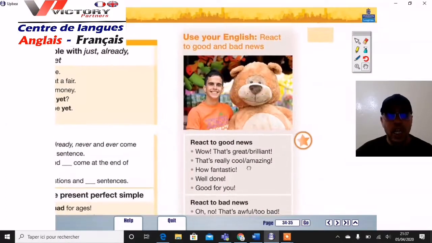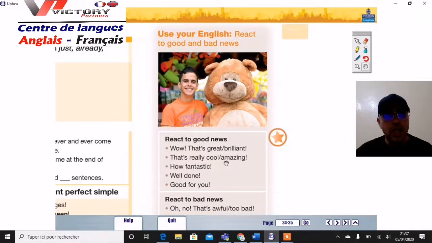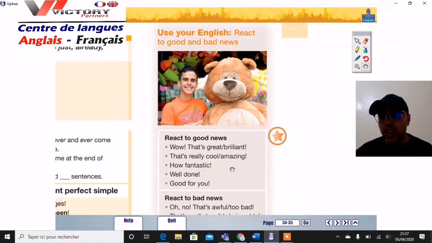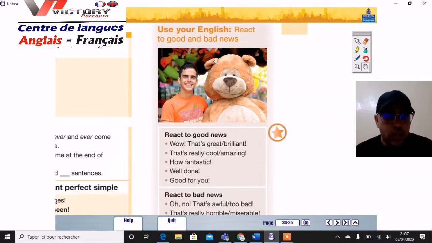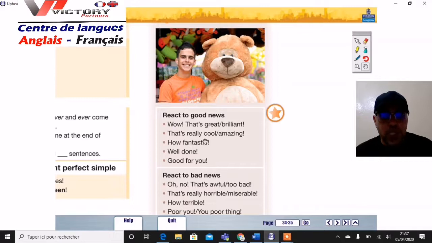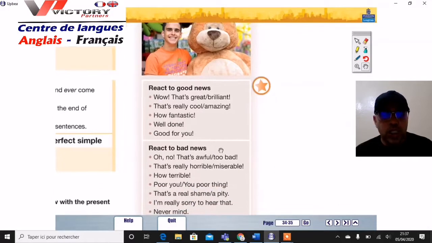So language function now. You will learn about the different expressions we use in order to respond to good and bad news. So react to good and bad news. So these are the different expressions we use in order to react to good news. So these are the expressions. Try to read them.